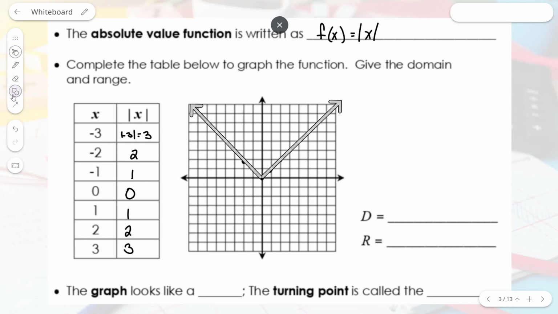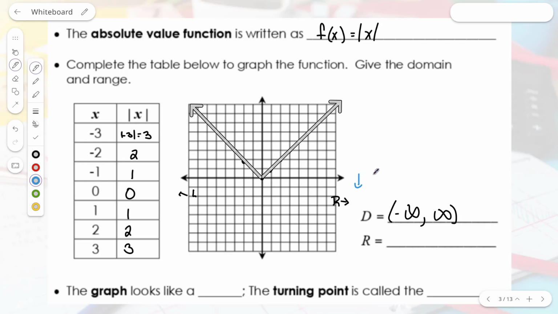And so when I'm looking at this, my domain, my farthest to the left is an arrow going left. My farthest to the right is an arrow going right. So my domain is -infinity to +infinity. Now let's take our range. My farthest down is when y equals 0.